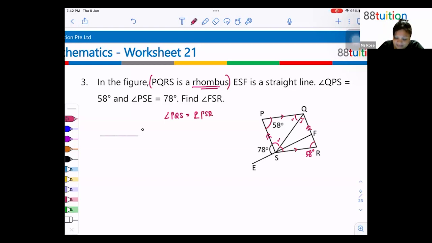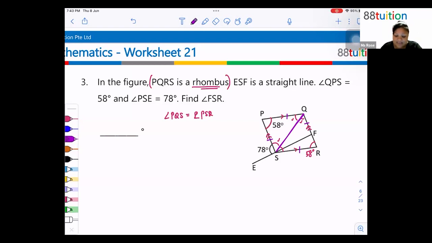So all four sides must be equal. So when the diagonal cuts a rhombus, you get two identical isosceles triangles. Okay? So you get two identical isosceles triangles.